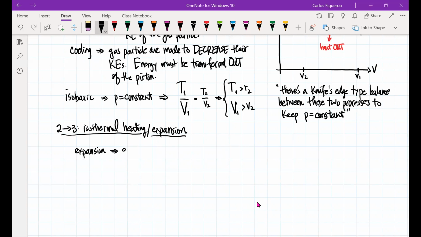So gas particles collide with the piston head to expand the volume.